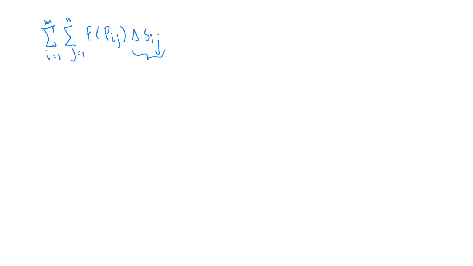But delta S sub ij is equal to the absolute value of the cross product of r_u with r_v times delta u delta v.